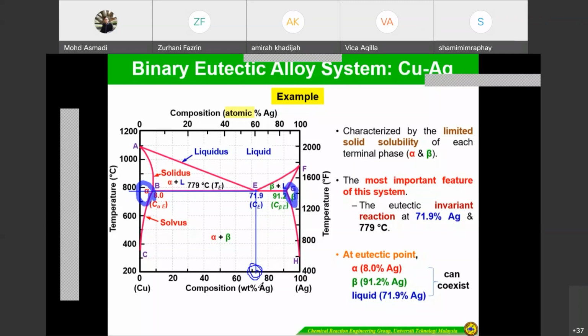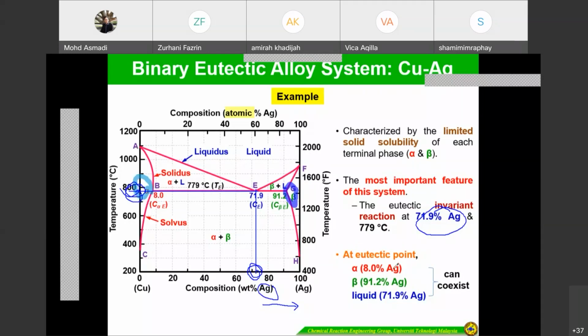So that side is 100% argentum, meaning 71.9 argentum, and the rest, 28.1, is copper, at 779 degrees C. This one, 779. At the eutectic point, 8% of argentum. How can we get this 8% of argentum?